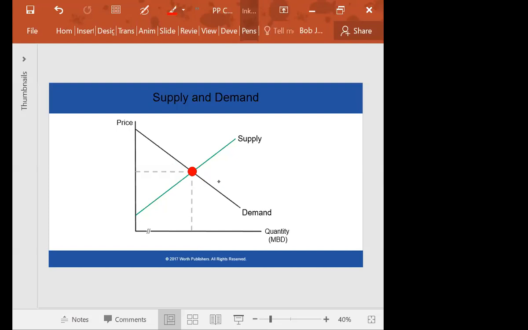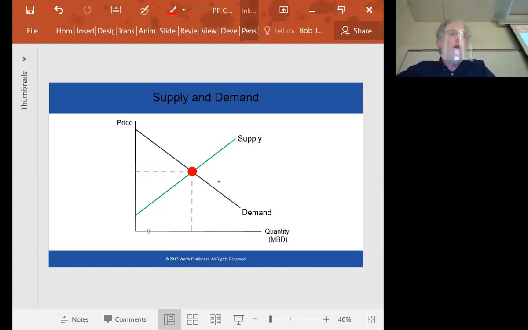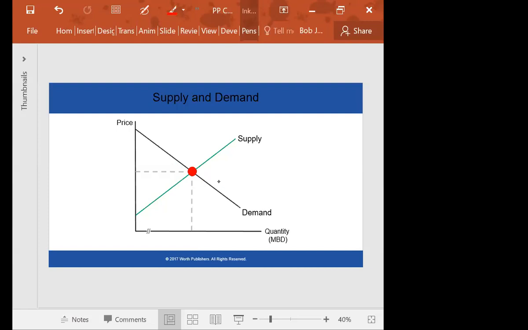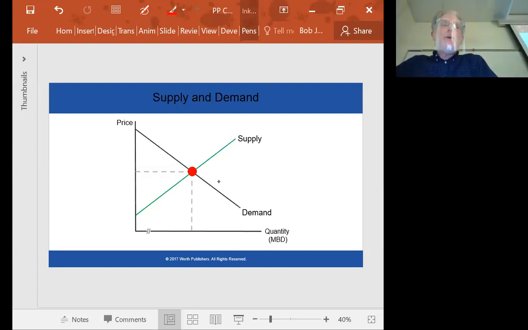Hey, Dr. Jones. Yeah. Is there any way you could use COVID tests as an example, or is that too complicated? Well, no, it would be good to use, there are a lot of applications of COVID here, but I'm not going to do that because it would be somewhat confusing because prices have not been allowed to go up. We're dealing with what happens when you have a truly free market where the price can go wherever equilibrium pushes it.